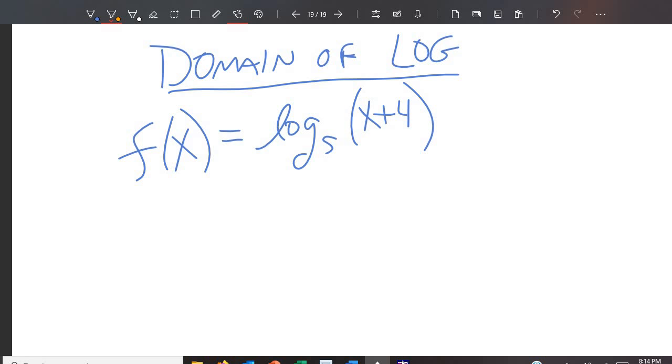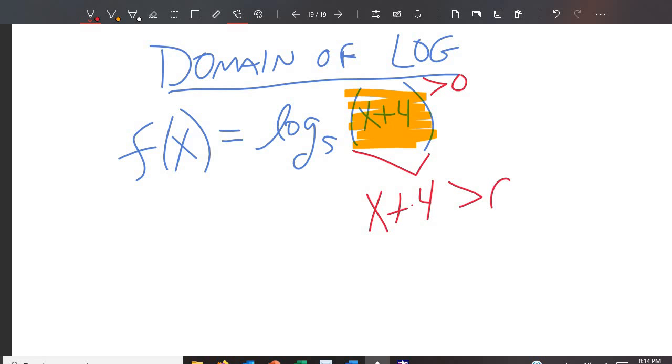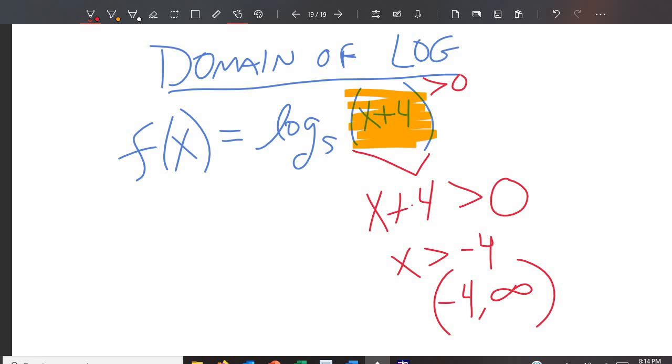I said earlier, whatever's here has to be greater than 0. That's by definition. So this piece, this x plus 4, has to be greater than 0. This is how you find the domain of a logarithm. You will take whatever is in the parentheses, you set it greater than 0, and you solve for x. And then you put it in that special interval notation.